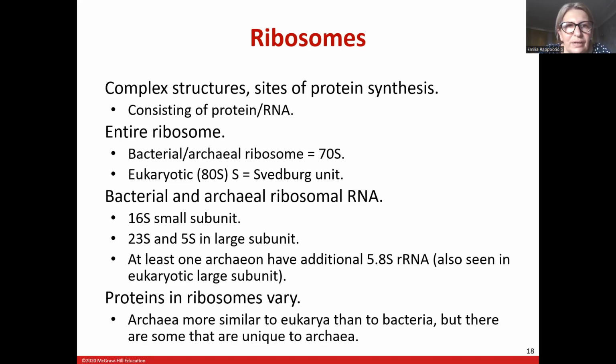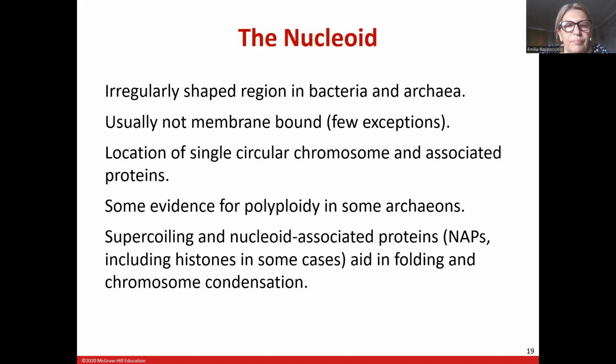So the ribosome is a bit of a mix between the bacterial ribosome and the eukaryotic ribosome. Also, the proteins that make up the ribosome are a little bit different. They are a little more similar to the ones of eukaryotic cells compared to the ones of a prokaryotic cell, and there are also some proteins that are found only in archaea.